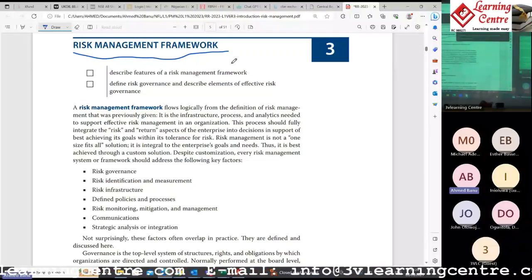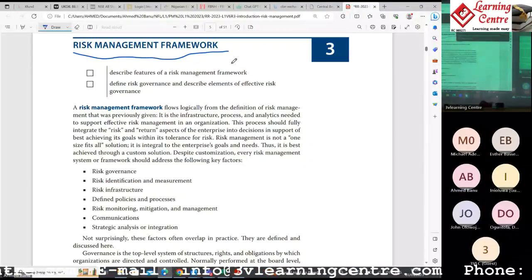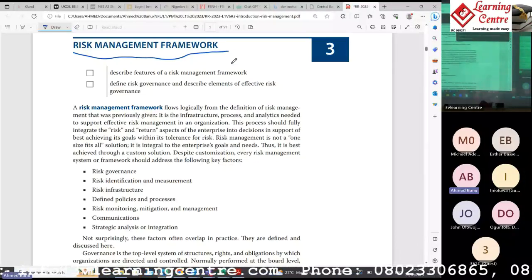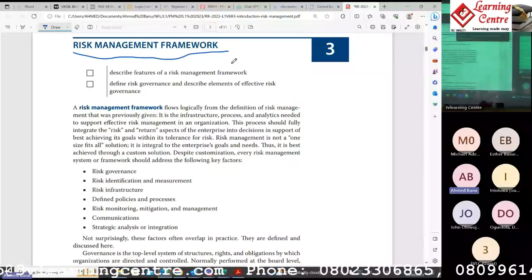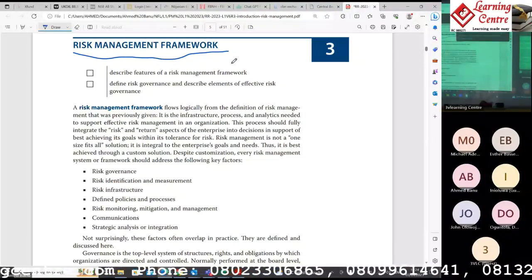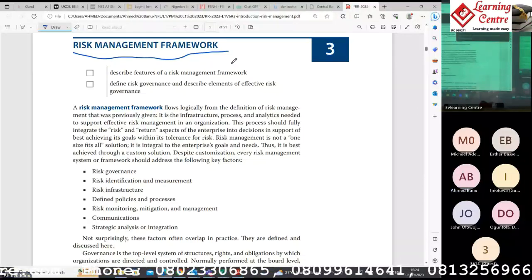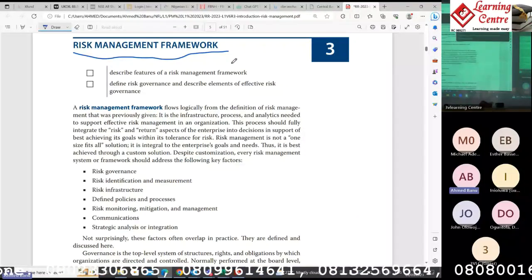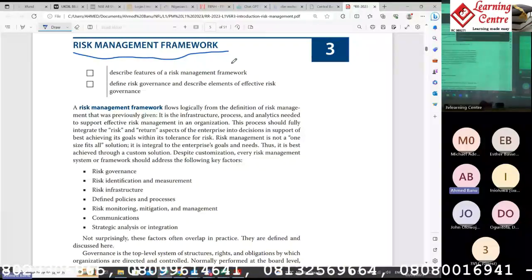Now, what this is saying is there has to be a body that takes responsibility for the risk management activities of that organization. I don't want to use "supervises", I'll stick to my word, takes responsibility.